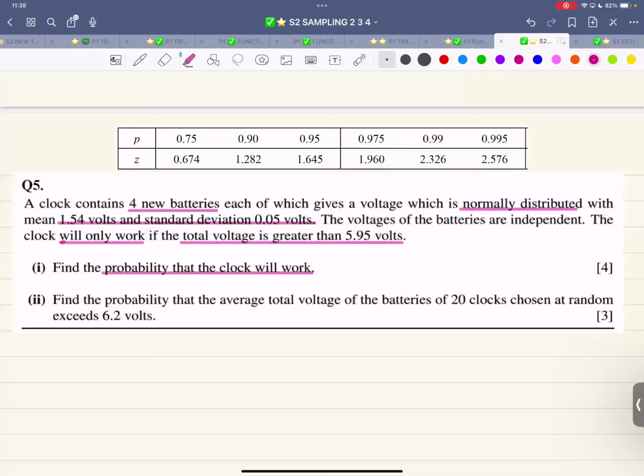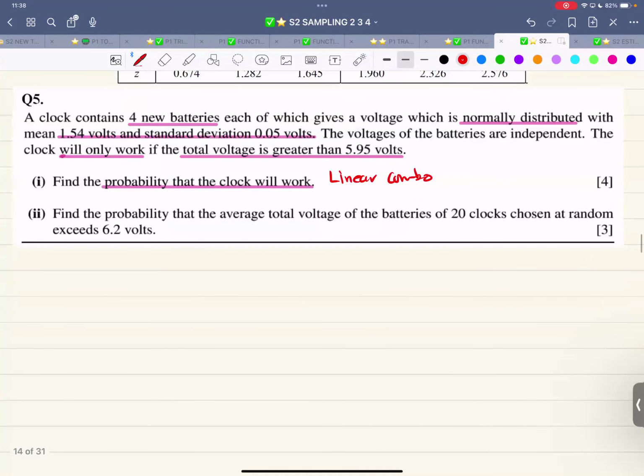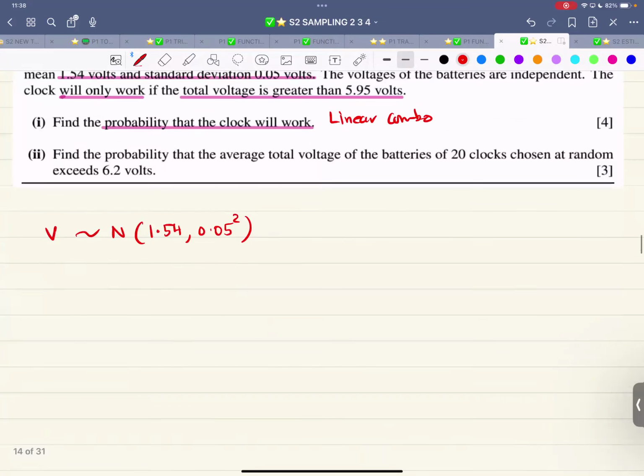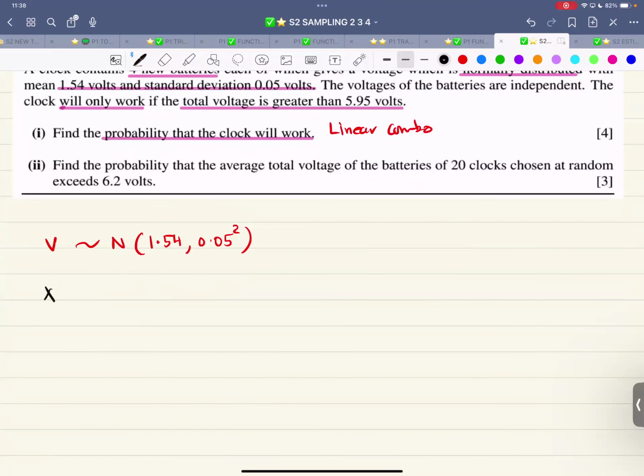The first part is about linear combination because it's talking about the total. So let me work on the linear combination part first. It's about voltage, so voltage follows a normal distribution N(1.54, 0.05²). We are talking about 4 batteries, so we say X equals battery 1 plus battery 2 plus battery 3 plus battery 4.